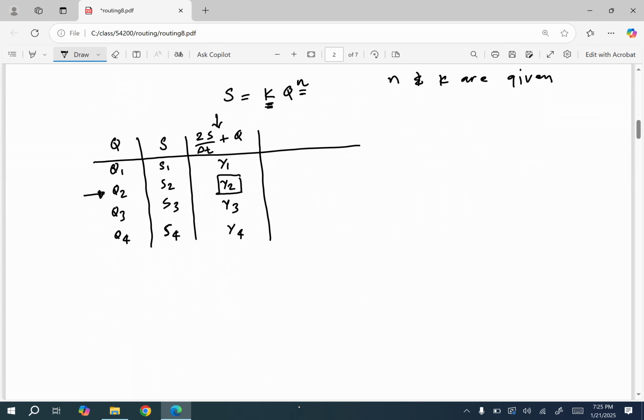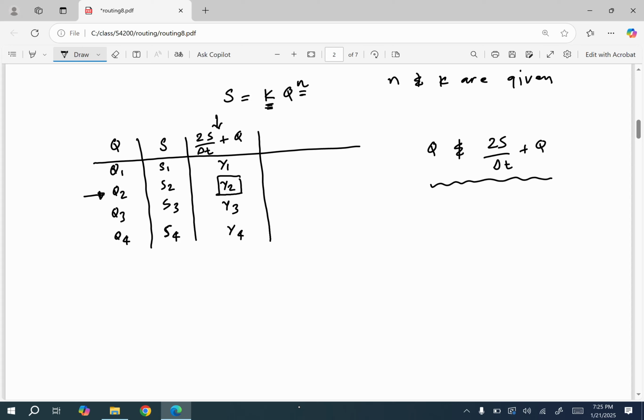And this relationship between q and 2s over delta t plus q is called the storage outflow function.